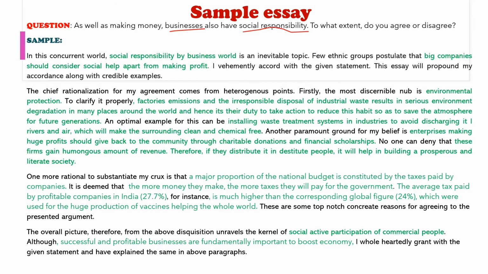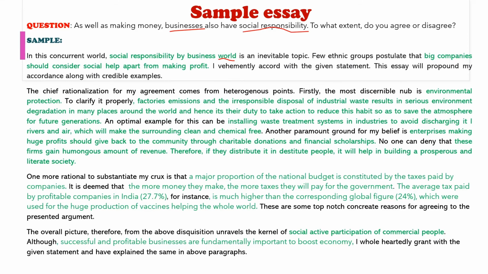Business also has social responsibility. So I have made an active to passive voice change, and also I have given a slight variation to show that it is a paraphrased version of the question. So in this concurrent world, social responsibility by business world is an inevitable topic. So it is an unavoidable topic.